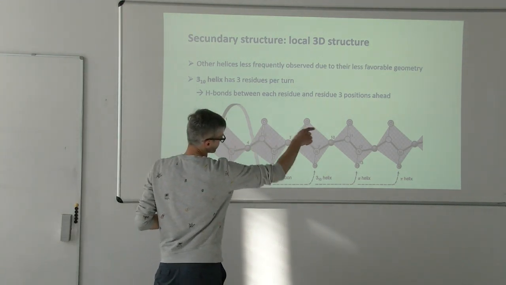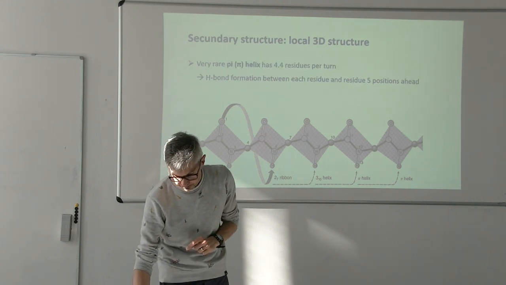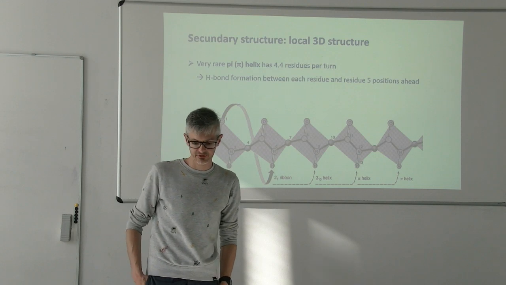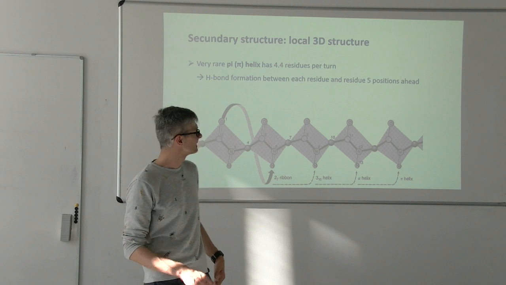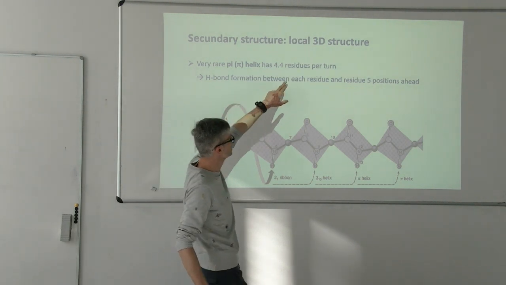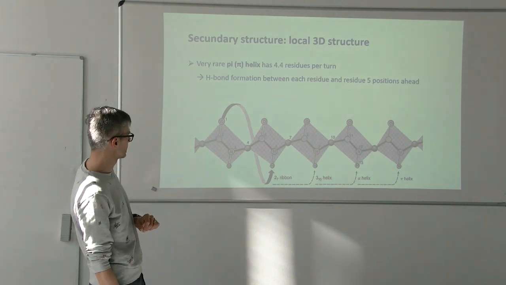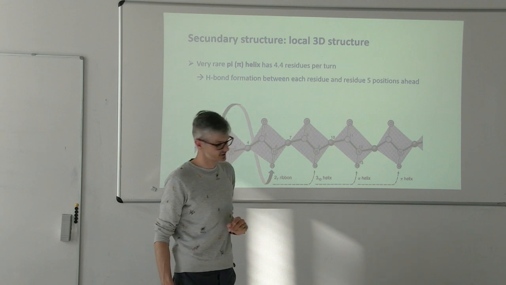And then you have to count them actually, how far it reaches. So for example, here for the rare pi helix, you will see it has 4.4 residues for one turn in the helix, and then the hydrogen bonding is formed between each residue and the residue 5 positions further. And this is indicated here with the arrows.